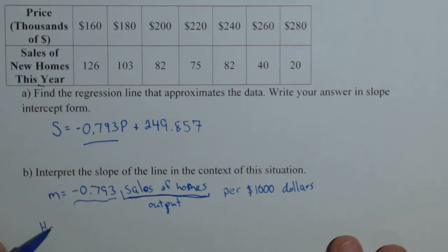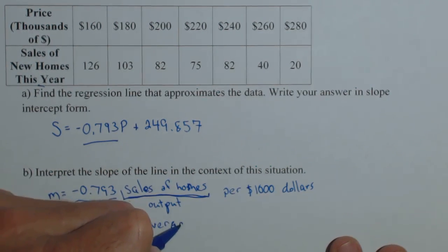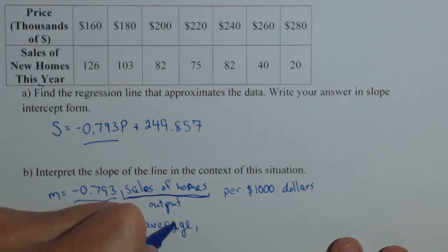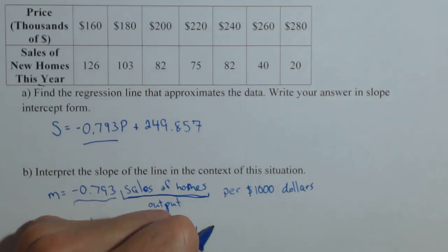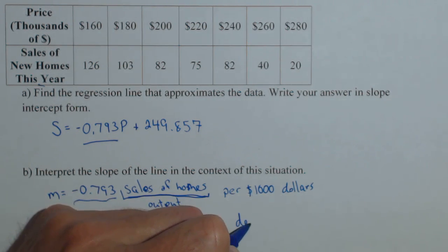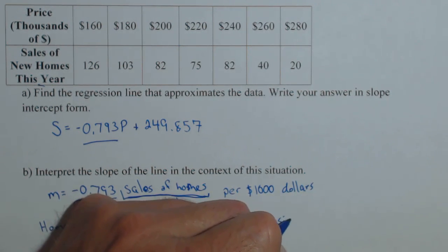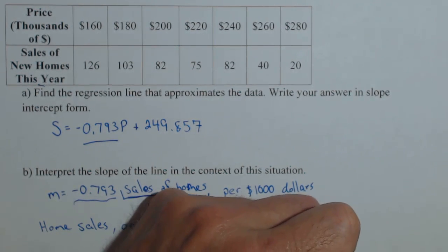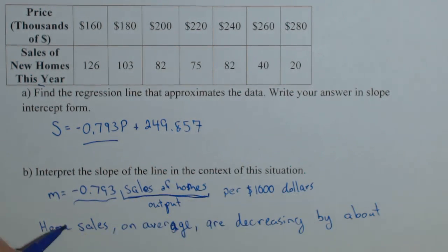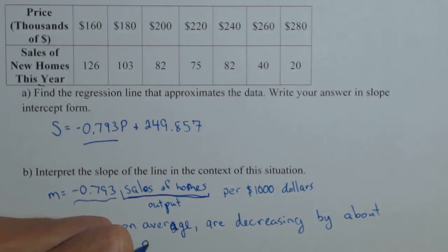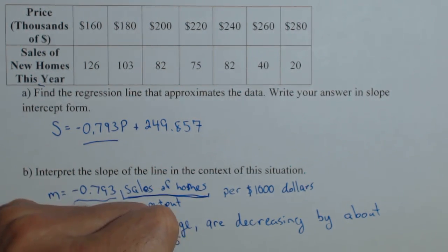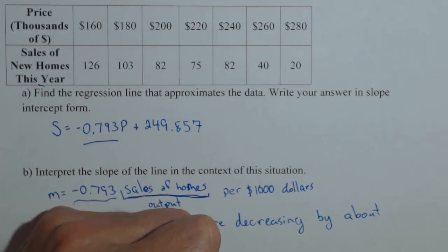So we could say that home sales on average, and we do want to throw in the on average because this is an estimate over all this data, on average are decreasing, again decreasing because it's negative, that's important, by about, because it's an average, about 0.793 homes per $1,000 increase in price.